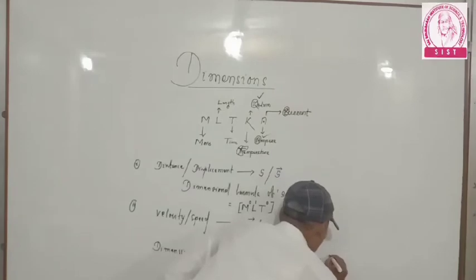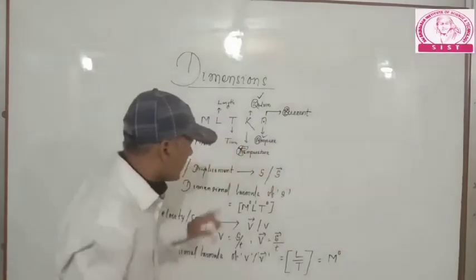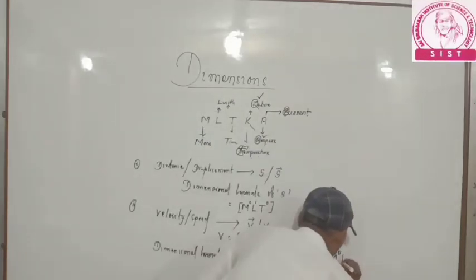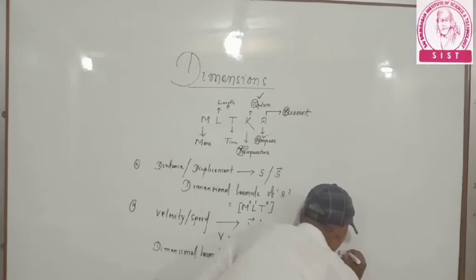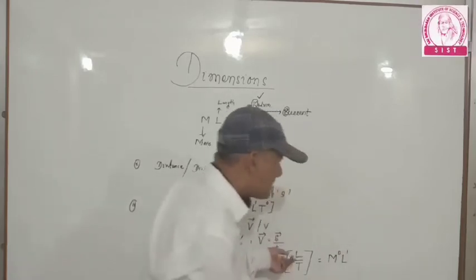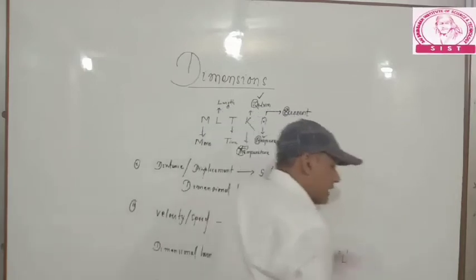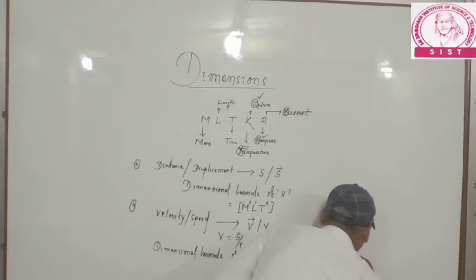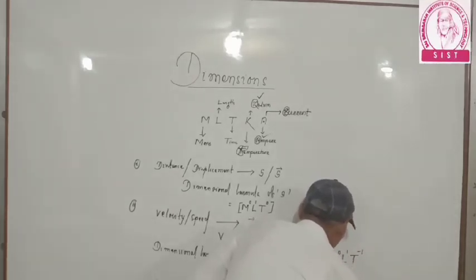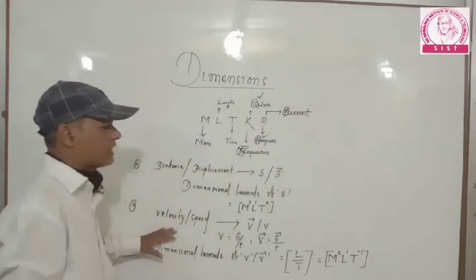That means M to the power 0. Length is here, so L to the power 1. Time is also here, but time is in the denominator, so if we lift it, it will be T to the power -1. So this is the dimensional formula of velocity or speed.